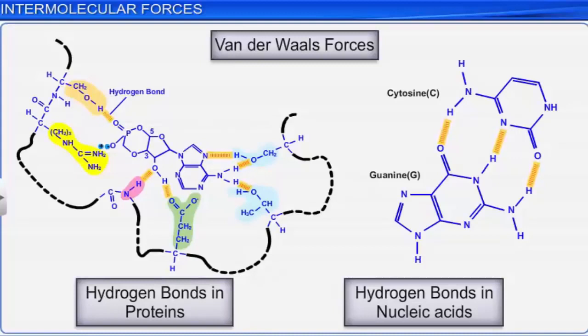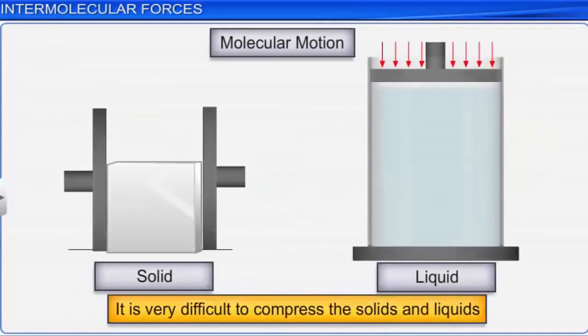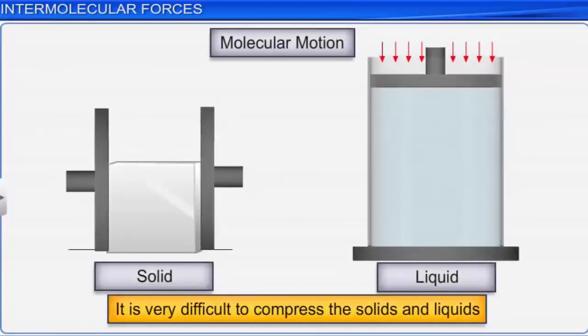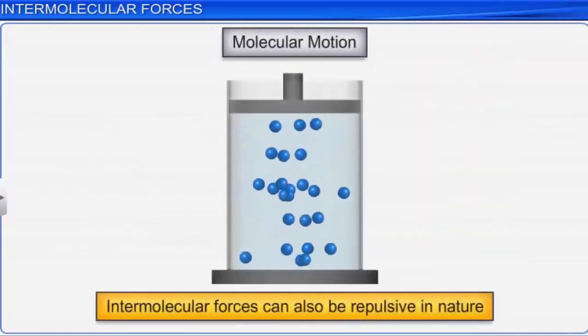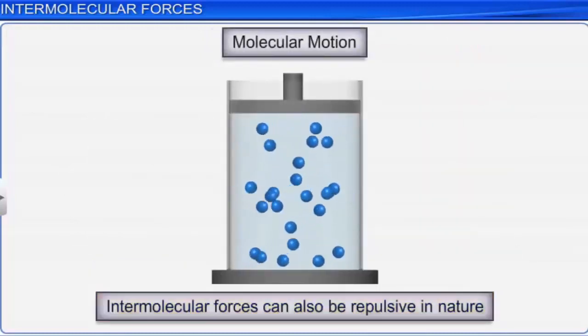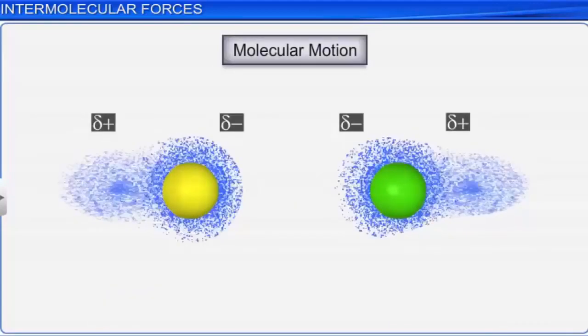Have you ever wondered why it is very difficult to compress solids and liquids? Intermolecular forces can also be repulsive in nature. When two molecules are brought closer, the repulsions between the electron clouds and between the two nuclei of the molecules come into play.